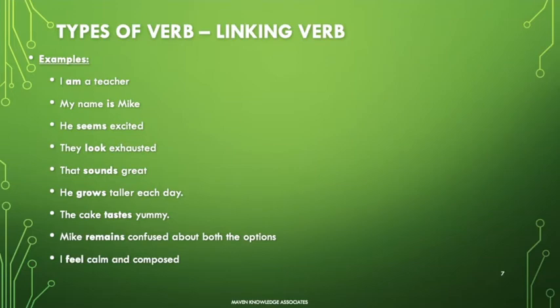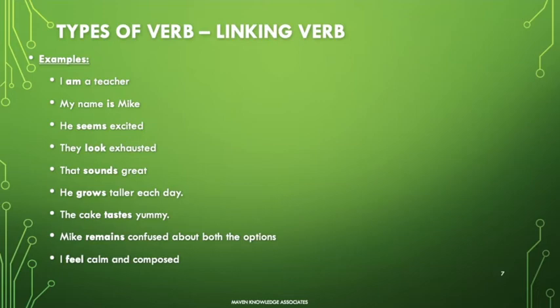Feel is a linking verb. From these examples, again you can see that none of these linking verbs talk about any physical or mental action. Instead, they are linking adjectives or nouns together. So in I am a teacher, it's linking I with teacher. My name is Mike.